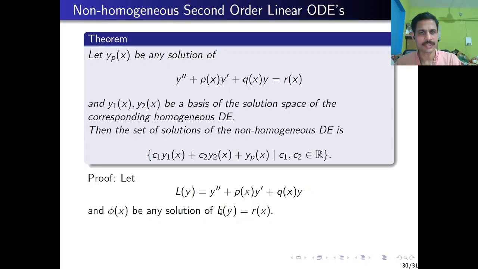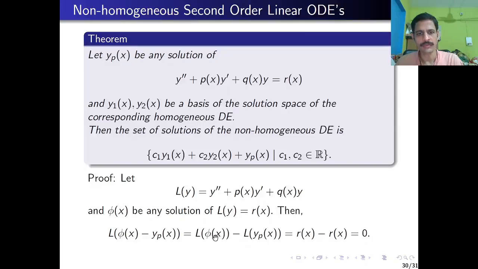This is nothing but the non-homogeneous differential equation, a way of writing a non-homogeneous equation in a shorter way. Then we compute L of (phi(x) - yp(x)). Since L is a linear operator, we can separate it as L(phi(x)) minus L(yp(x)).